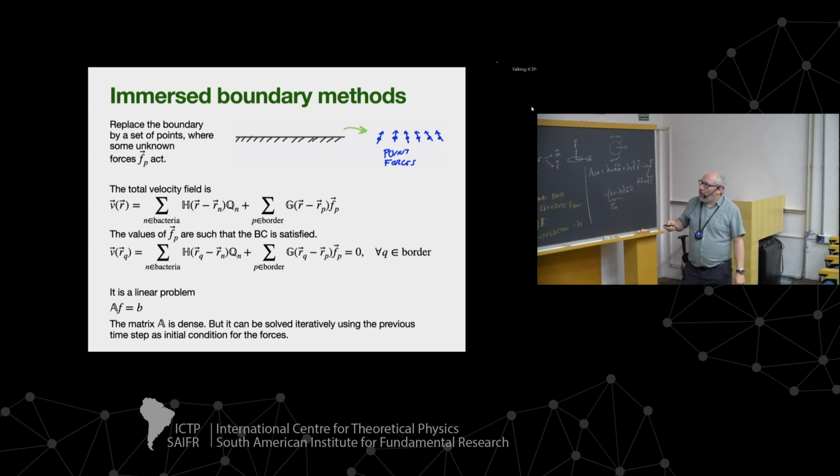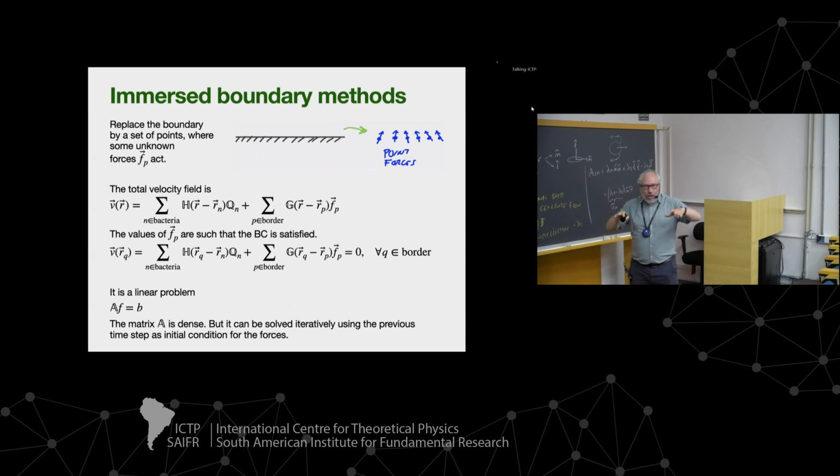Yes. So, I was saying that this G decays very slowly, like 1 over distance. So every point interacts with every point, and the matrix is very dense. So this is a heavy problem in linear algebra. It goes like n cubed in the number of points, so it's very expensive. But what are you going to do?